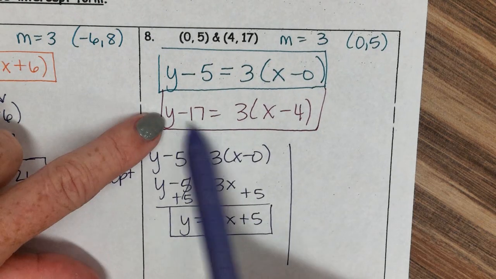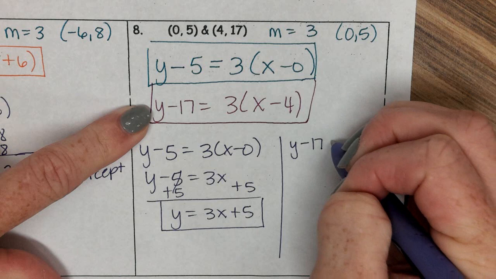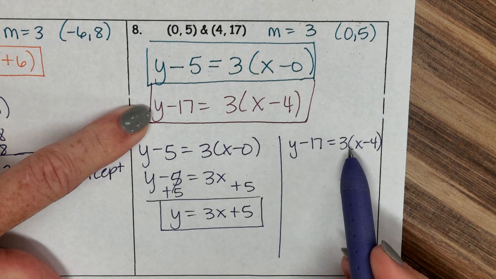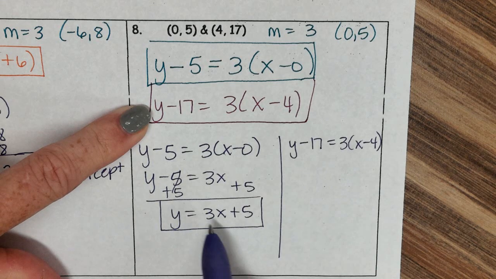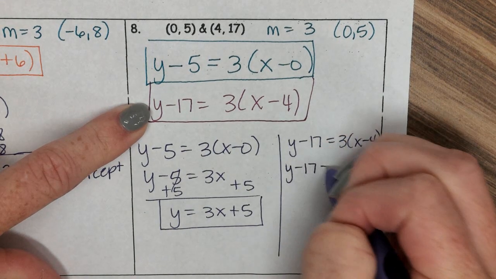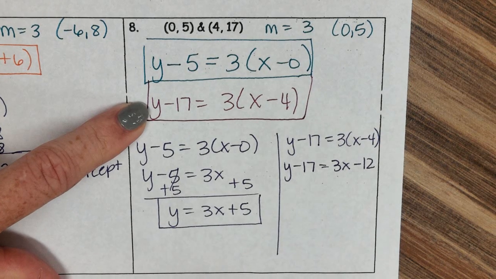So I'm going to take the second one I just did. Y'all don't have to write this, but I want y'all to watch. If I rearrange this equation to slope-intercept, I'm going to get this same exact answer. So y minus 17 equals 3x minus 12, because 3 times 4 is 12, yes?